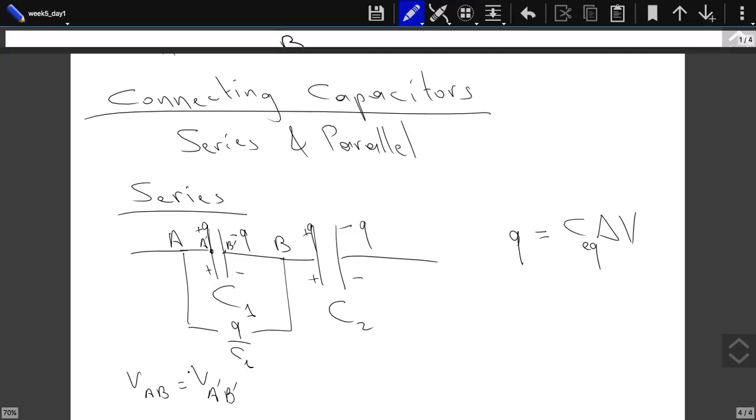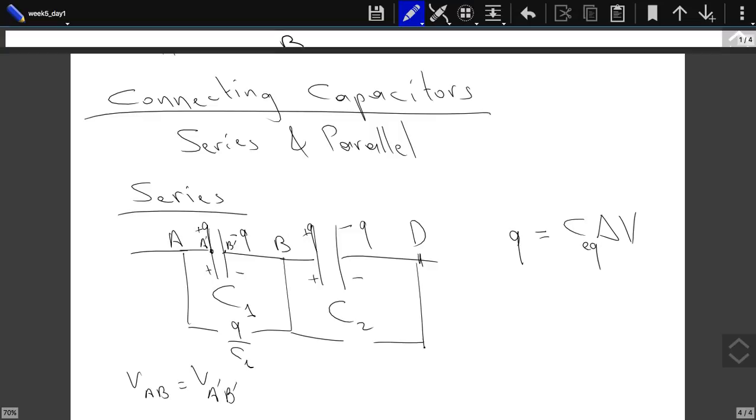Other questions? Okay, so let's continue. What is the potential difference between the point B and D? Q over C2.